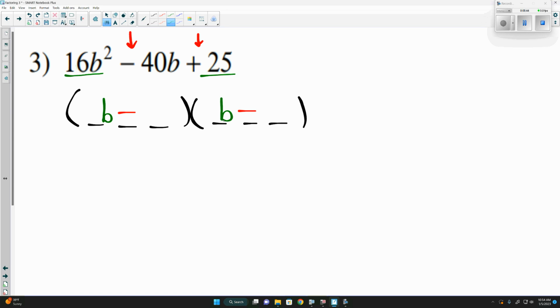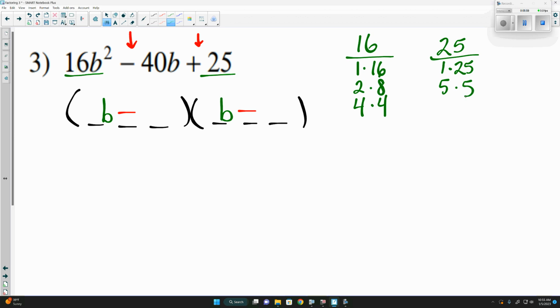Now we need to look at the factors of 16, which is 1 and 16, 2 and 8, 4 and 4. And the factors of 25, which is 1 and 25, or 5 and 5. So which factors of 16 do we want to try first? 4 and 4.